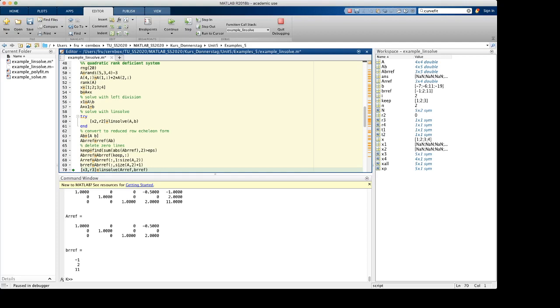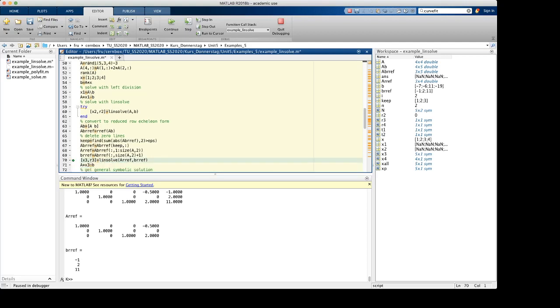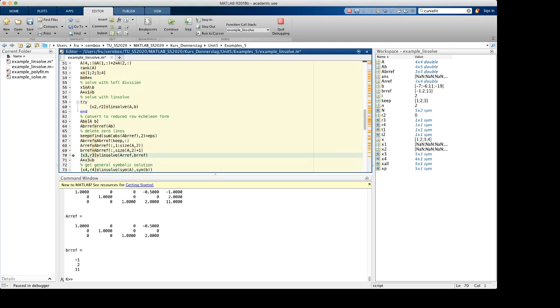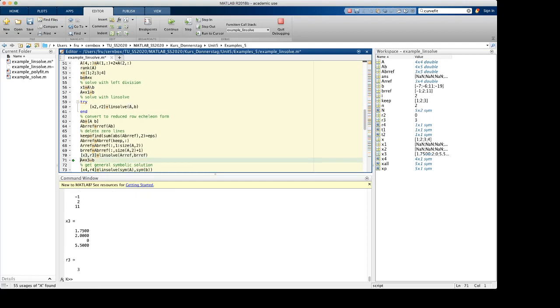And now we can invoke linsolve because the system now has maximal rank. So x3 is this solution, and if we check it, we get rounding errors of the order of 10 to the minus 14, as usual.